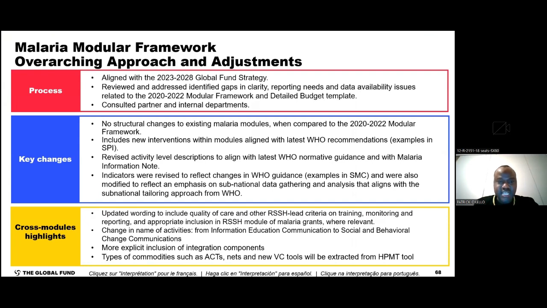The good news is that we don't have many changes on the malaria modules, other than really to integrate the much more streamlined WHO recommendations and language, so that what's in the modules is very much aligned to the WHO guidance. And we do also link what we have in the malaria modular framework to the cross-reference with the modules in RSSH. Next slide.